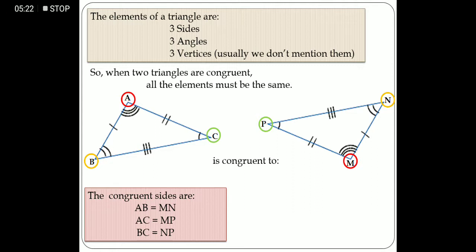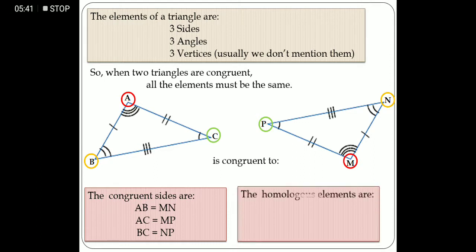When I say that I have three elements that are equal, here for example, three sides on the first triangle equal to three sides on the second triangle, so definitely our triangles should be equal. The other elements that are, by conclusion, equal to each other are called homologous elements. We know that I'm talking about three sides and three angles.